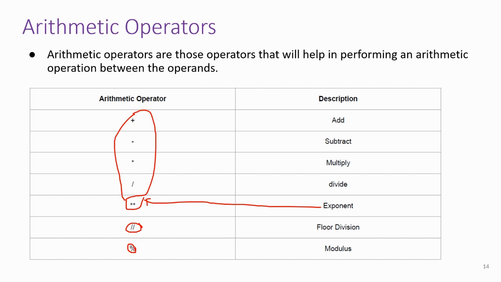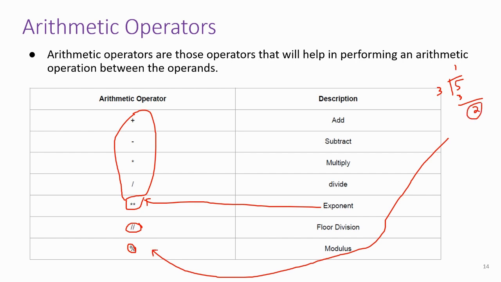Now we have floor division and then the modulus operator. I will show it here. Suppose you want to divide 5 by 3. One time, and the remainder is 2. The remainder is the result of the modulus operator. Here the remainder is 2.